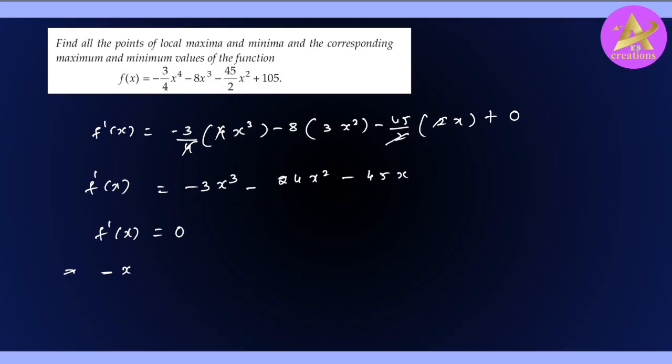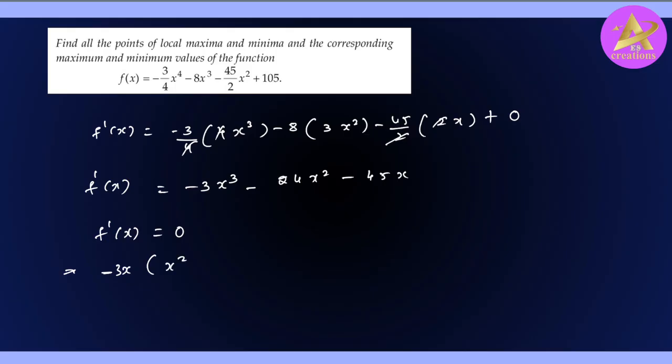what will I get here? If I take 3 common also, 15, right? 6 4s are 6 8... I will take 3 also common, minus 3x common. What happens if I take minus 3x common?